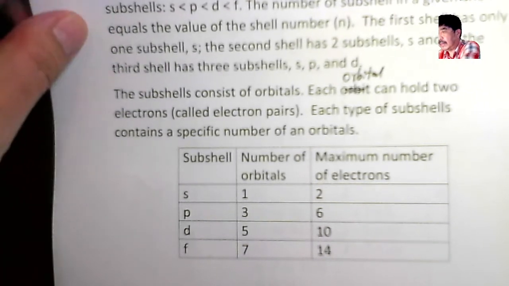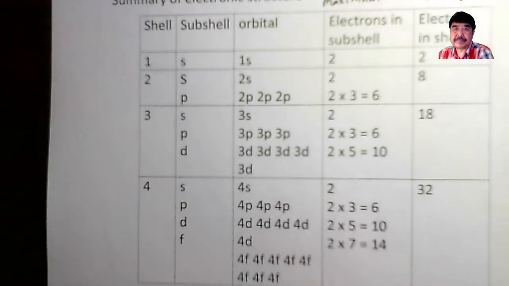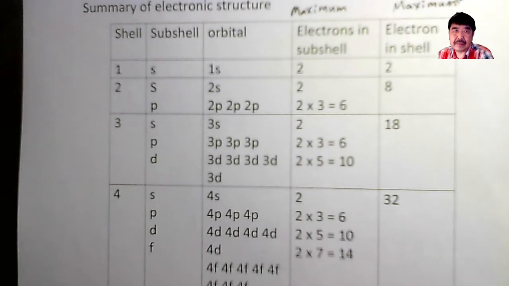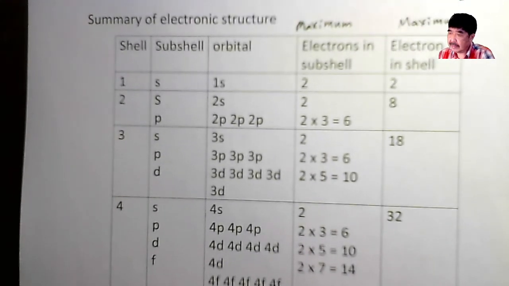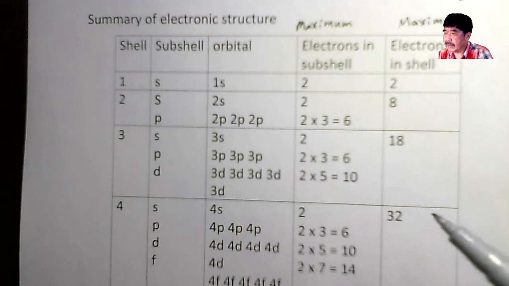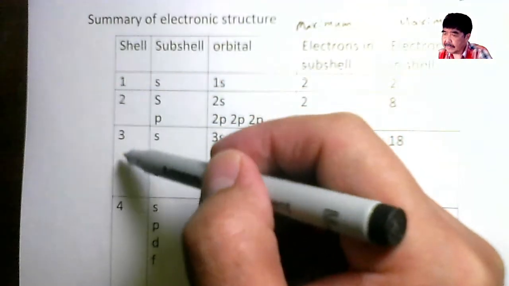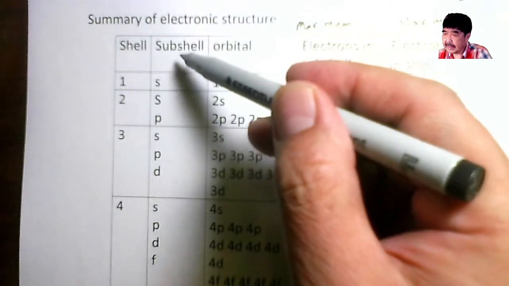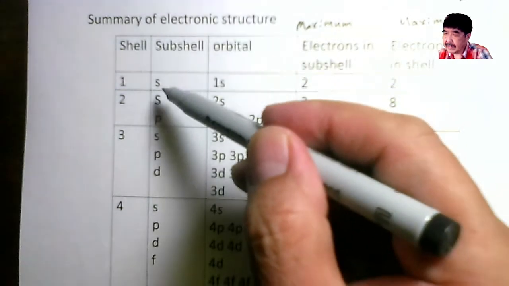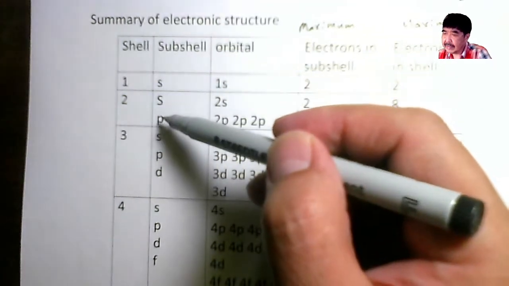All right, let's take a look at the summary of the electronic structure. This table summarizes the electronic structure. On the left side, this column is the shell, and this is the subshells. The first shell has only one subshell, s.